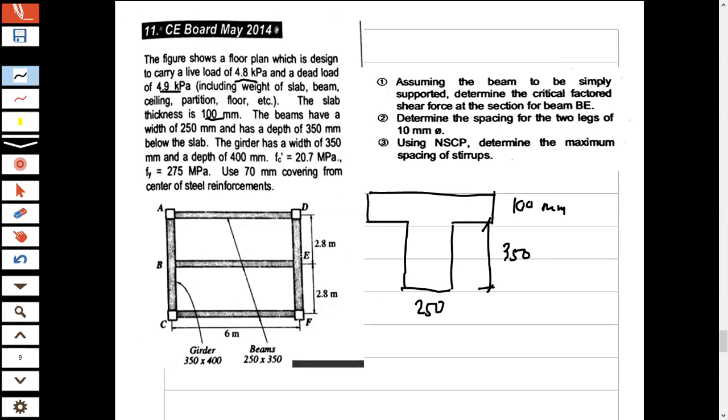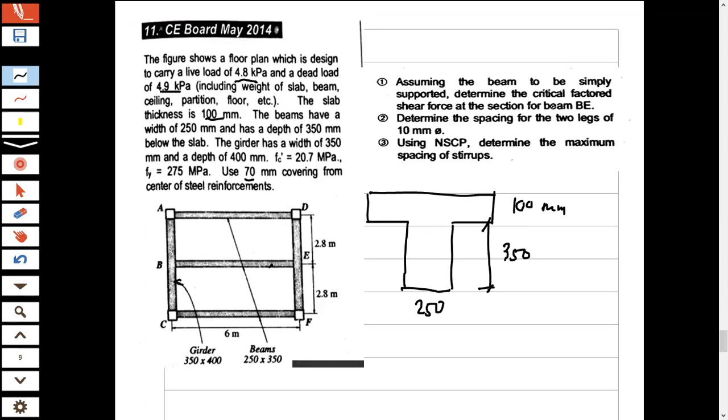Saan yung girder? Ito girder, ano? Ayun yun, nakasama. Girder, ito naman beam. Ibig sabihin, this beam is being carried by this girder A, B, C. Now, the 70 millimeter is the cover from center of steel. So, from the extreme fiber cover of the concrete to the center of the reinforcement is 70. Hindi siya clear cover. Assume the beam to be simply supported.